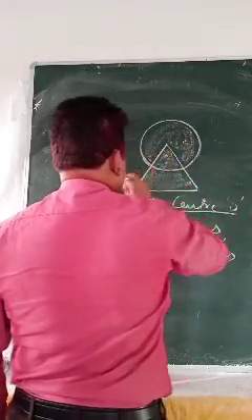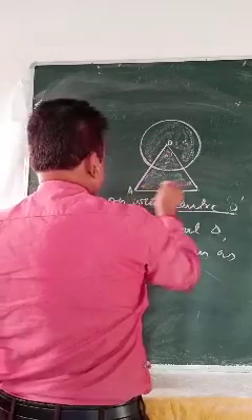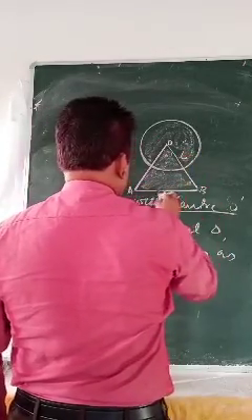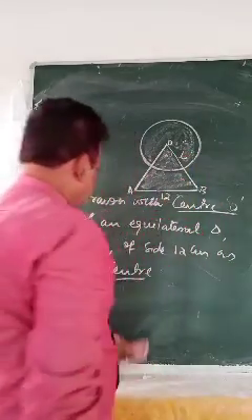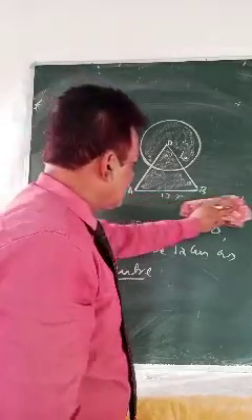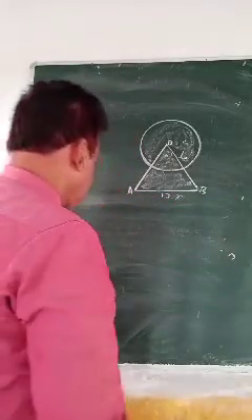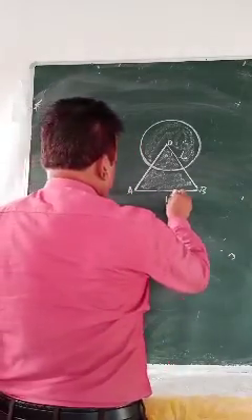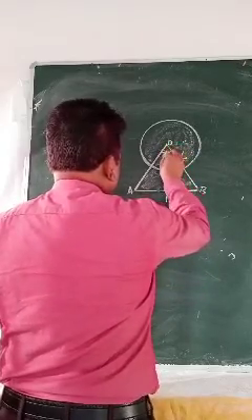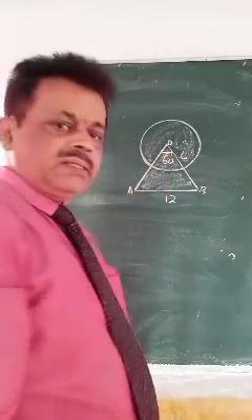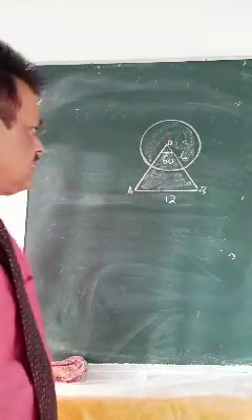This is what you want to find. This is 6. This is 12. The triangle is equilateral. Equilateral means this is 60 degrees. In an equilateral triangle, this will be 60 degrees.